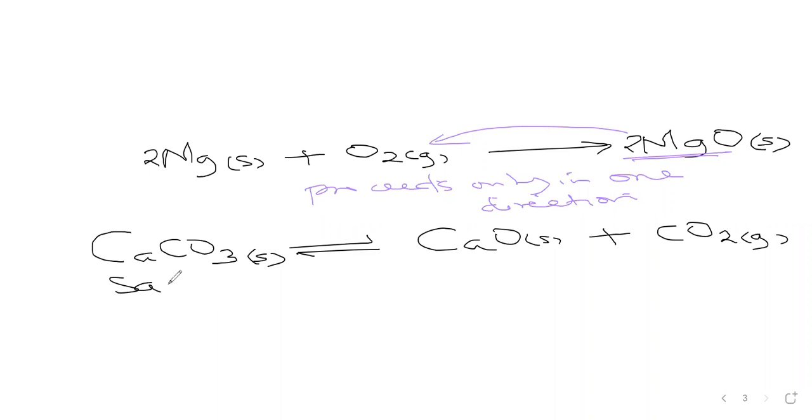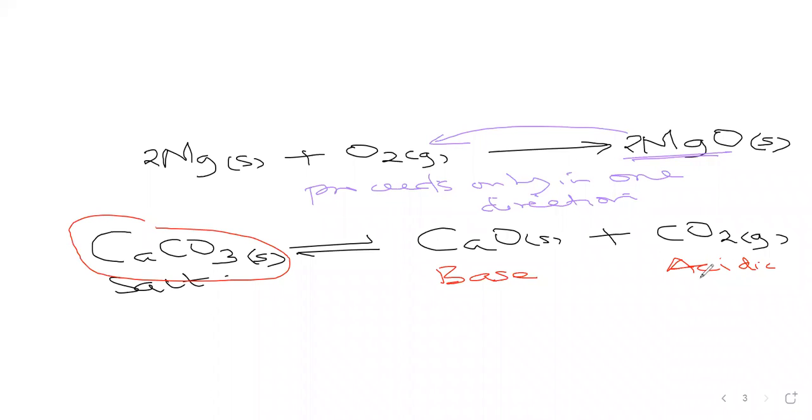Calcium carbonate is a salt. Calcium oxide is basic, it is a base. Carbon dioxide is an acidic gas. So during this reaction, there is a tendency of the decomposition of calcium carbonate not to go to completion, such that the acidic carbon dioxide can react again with the basic calcium oxide to regenerate the calcium carbonate, hence a state of equilibrium between the reactants and the products.